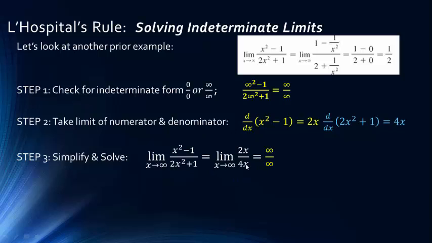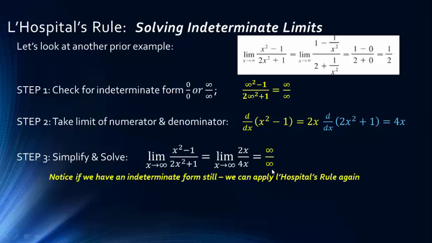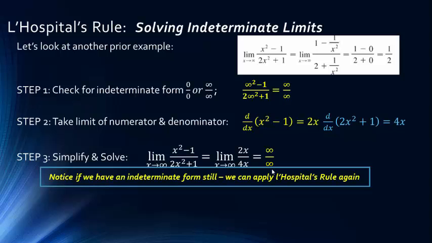Notice what we have here is L'Hopital's rule: the derivative of the numerator over the derivative of the denominator, and again, we are not applying the quotient rule, we're applying derivatives of each piece. Notice when we put the limit in, we're back to infinity over infinity. Okay? And we still have an indeterminate form. One of the nice things about L'Hopital's rule is we can apply it multiple times.